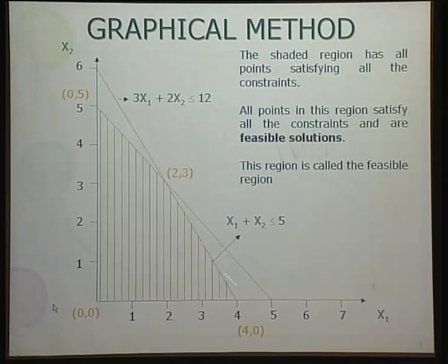The shaded region shown in this figure is actually the region that is common to both these constraints, this constraint as well as the other, and that alone is shown here in the shaded form.